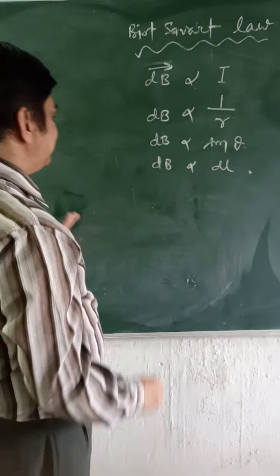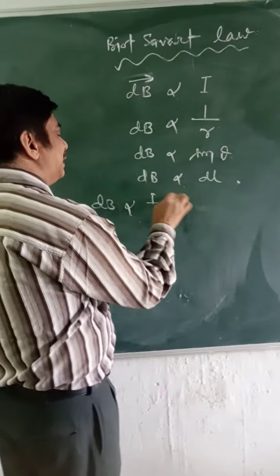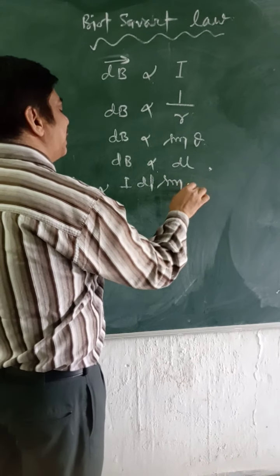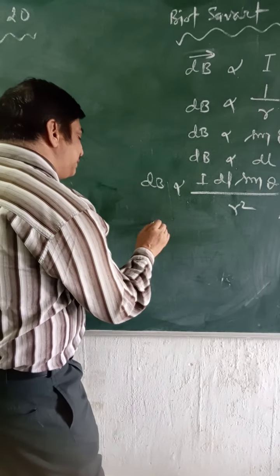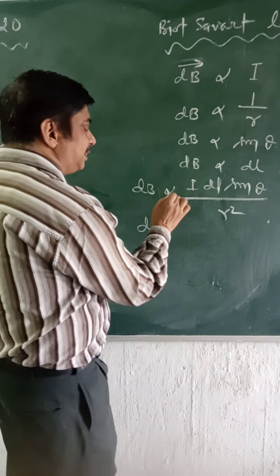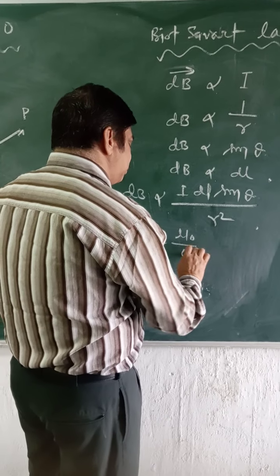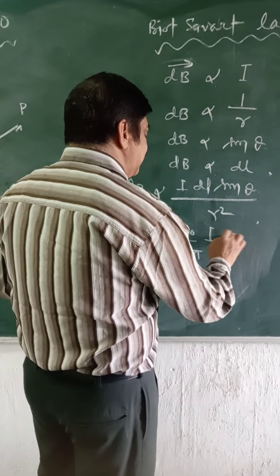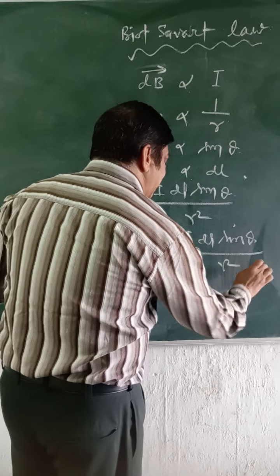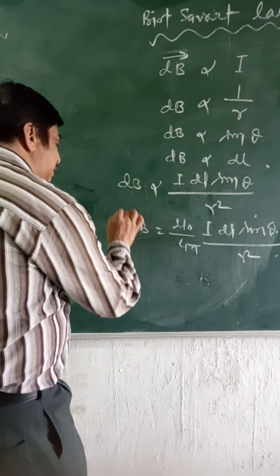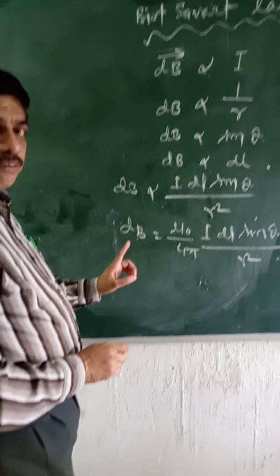So including all this, dB is directly proportional to I dl sine theta divided by r square. This proportionality sign can be converted into an equal sign by using a constant, and that constant is mu 0 upon 4 pi. So dB equals mu 0 upon 4 pi I dl sine theta divided by r square. Here this is the magnetic field due to the small part.